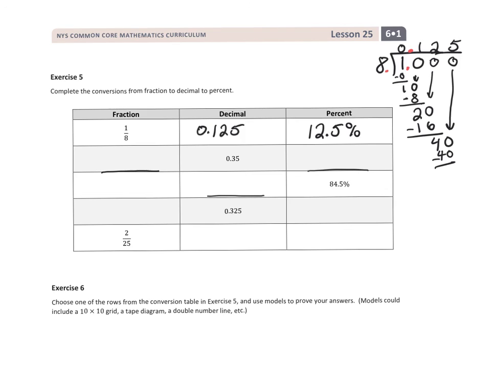And to do this fraction, you could write 84 and a half over 100, and then we could bring it to 1,000 by multiplying it by 10. And if we do 84.5 times 10, remember you line up the numbers, not the decimals, you would have 0, 0, 0.